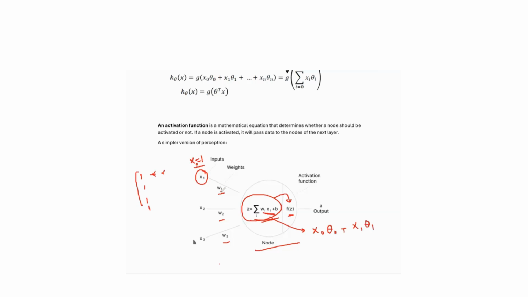Here it's written w1. We can write theta 1 or we can write w1, but most of the texts actually write theta, so we will consider thetas. Then x2 theta 2, and x3 theta 3, and xn theta n.